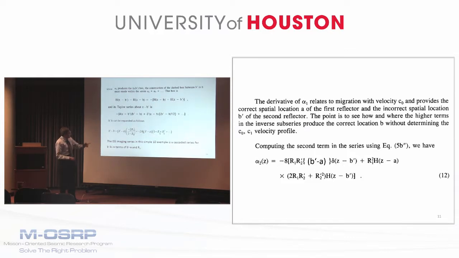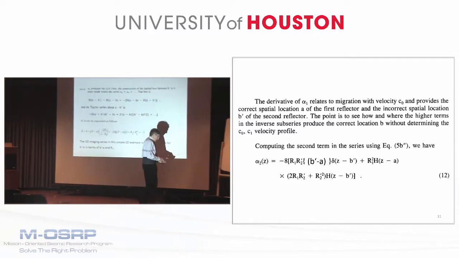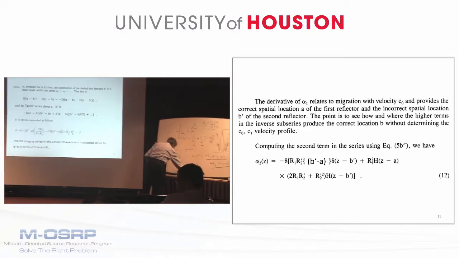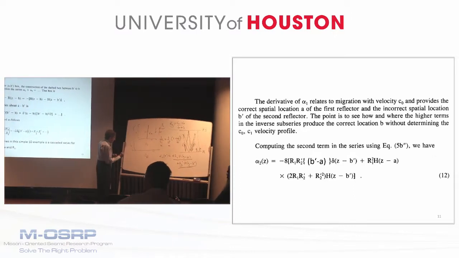So to understand what that delta is, I came up with this. Imagine what an inverse series would be trying to do. And in part, this was useful, and in part, this took us off track.